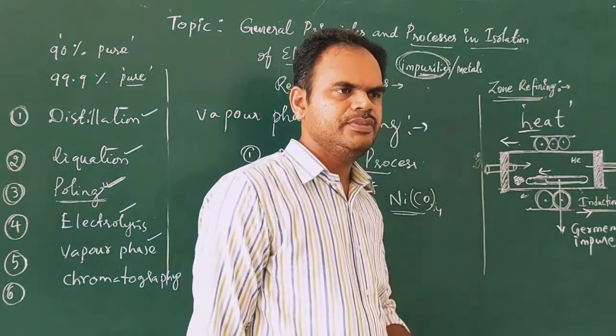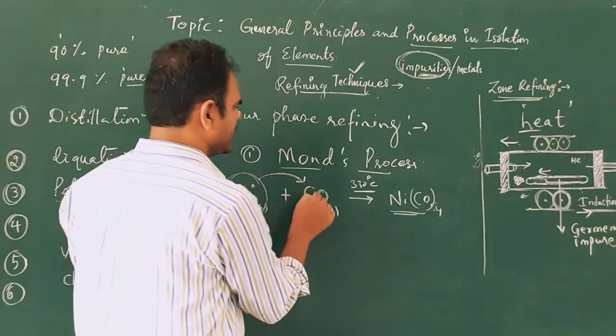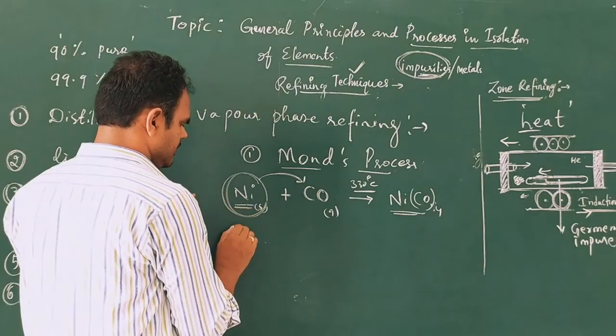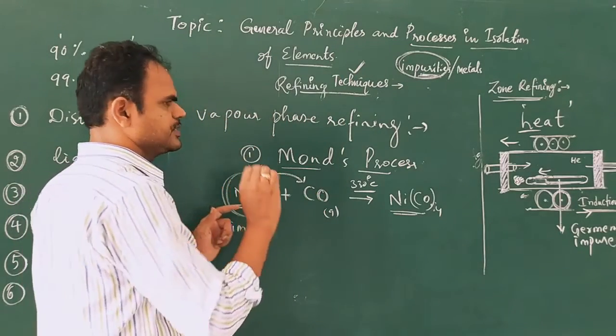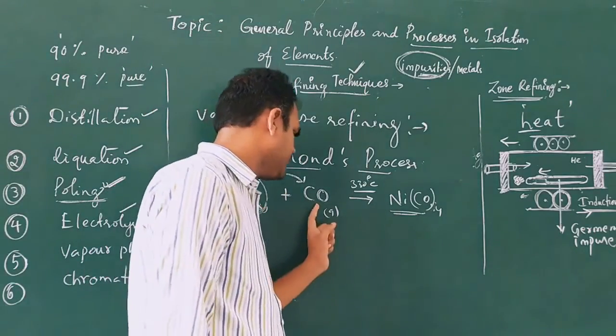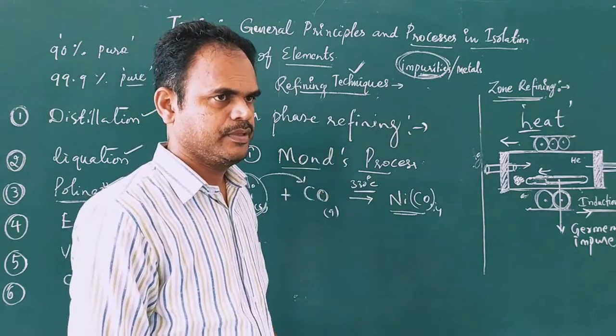Impurities do not react with carbon monoxide. Only the nickel metal reacts with the carbon monoxide gas, and the impurities will be left behind in the chamber. Only nickel has the affinity for carbon monoxide, not the impurities.